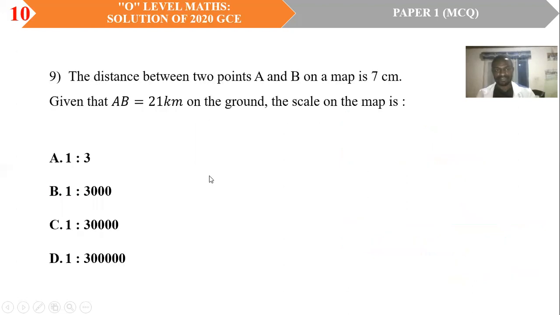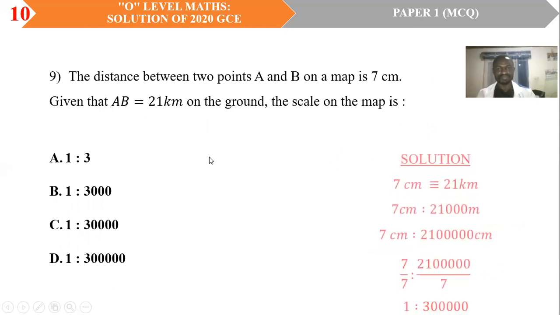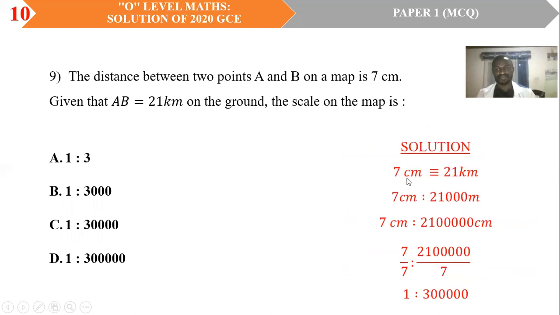Question 9. The distance between 2 points A and B on a map is 7 centimeters. Given that AB is equal to 21 kilometers on the ground, the scale on the map is, solution. 7 centimeters on the map is equivalent to 21 kilometers on the ground.